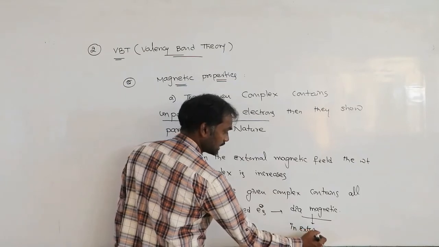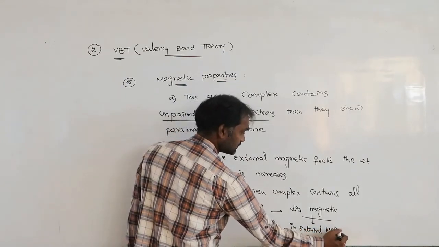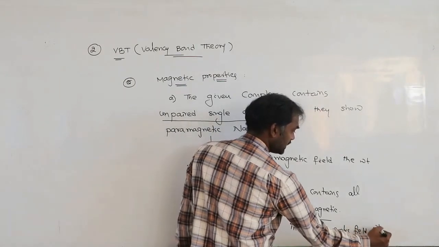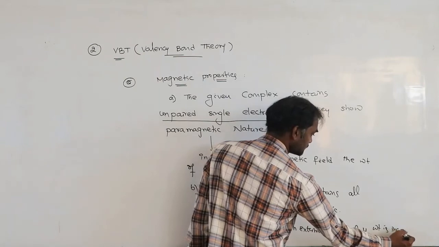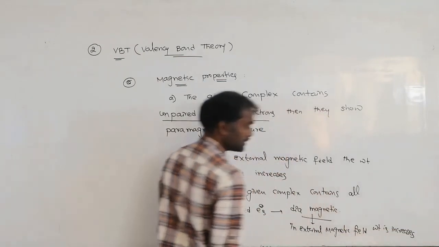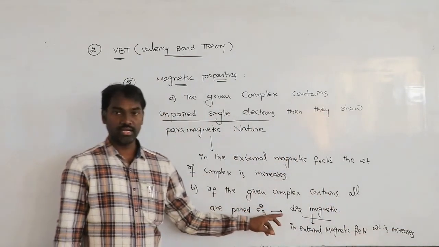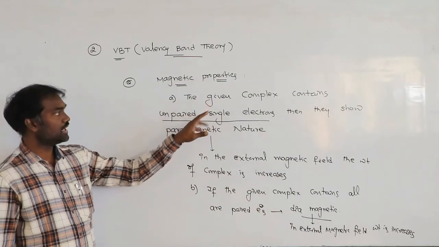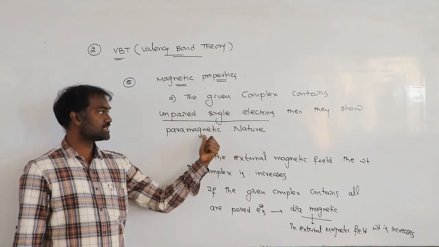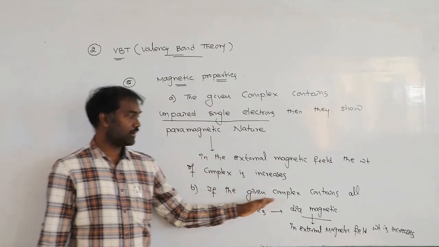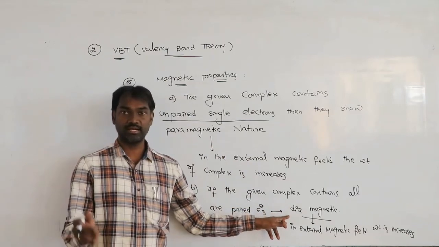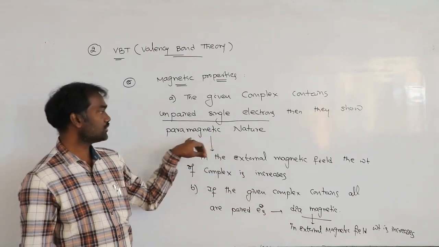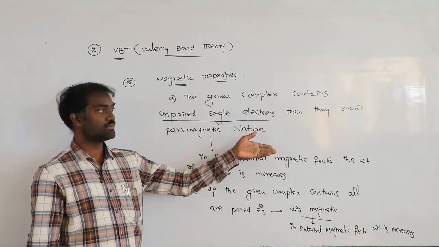So he explained that if unpaired single electrons are there, it shows paramagnetic nature, and if all electrons are paired, it is a diamagnetic substance. Next, how to identify paramagnetic? We will see that next.